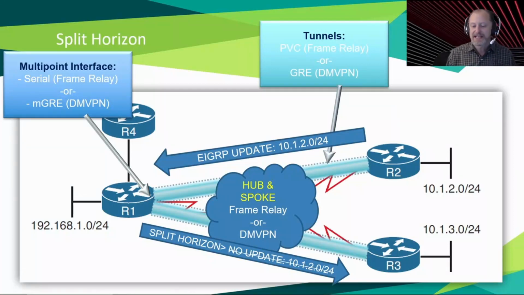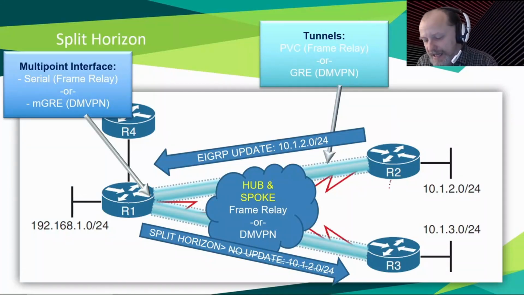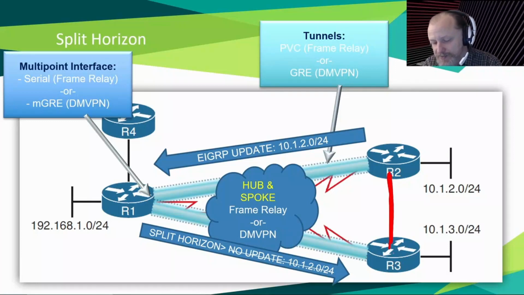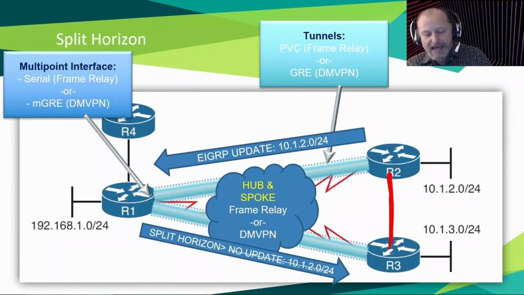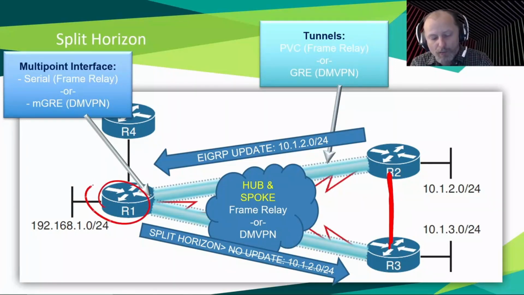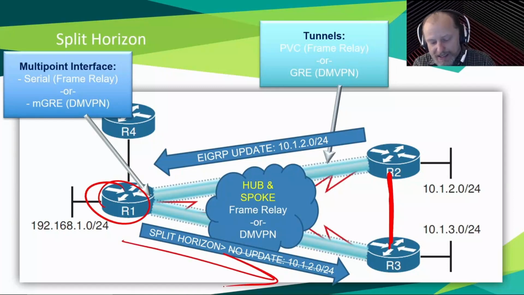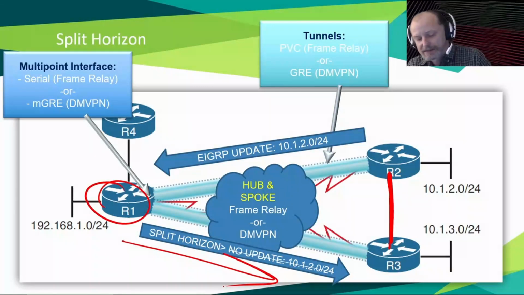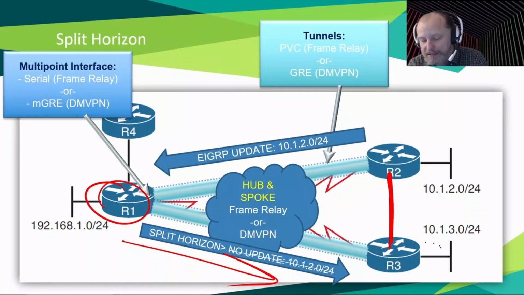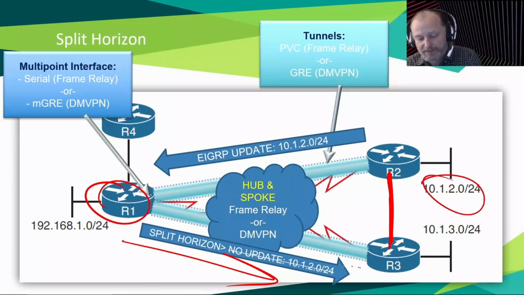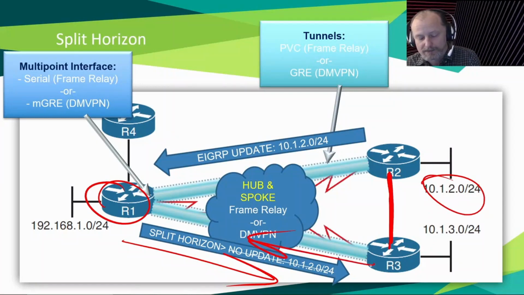Now that makes sense because let's say these were connected for the sake of argument. And R1 advertised that over here. So R3 thinks that it can get there from here. Okay.